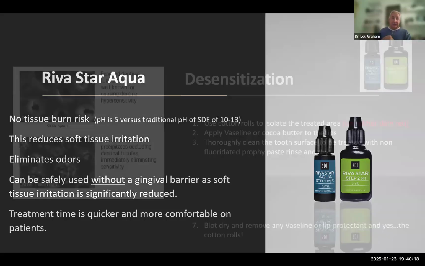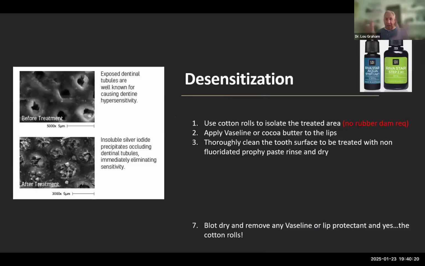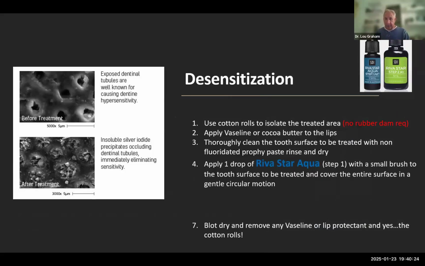If you follow the same first 3 steps, and no rubber dams are required, you apply 1 drop of Rivastar Aqua, just 1 drop, and then you immediately place step 2 with another drop of potassium iodide. Basically, you're just brushing over step 1.